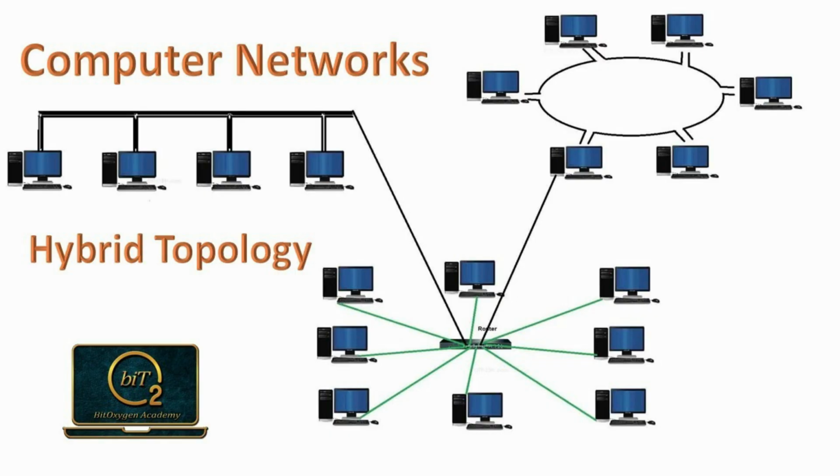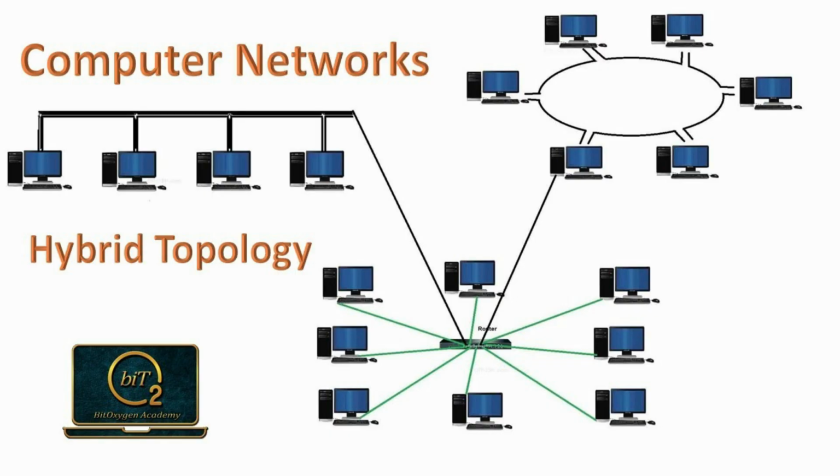A hybrid topology combines two or more different topologies into a single network. This aims for the strength of one topology to mitigate the weakness of another. For example, some networks might use a star topology for the core infrastructure and bus topologies for smaller isolated segments.